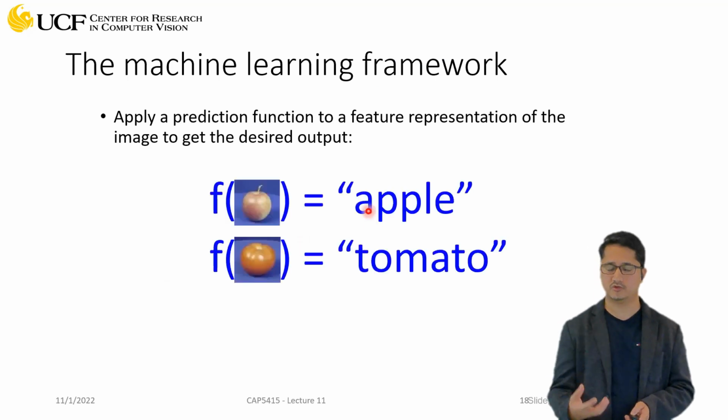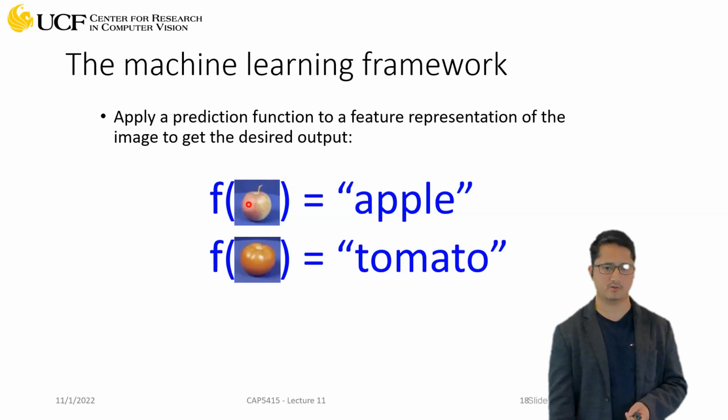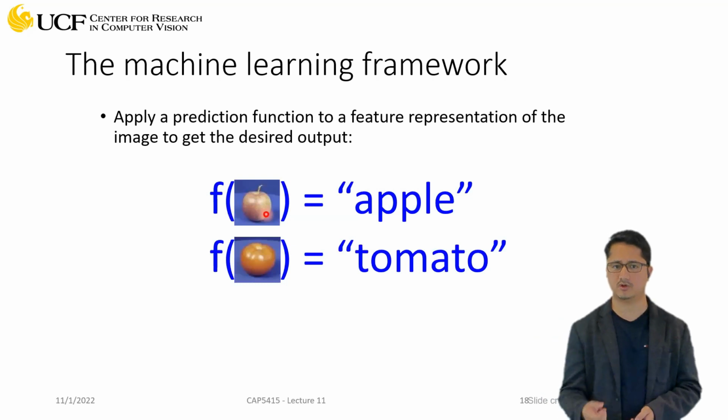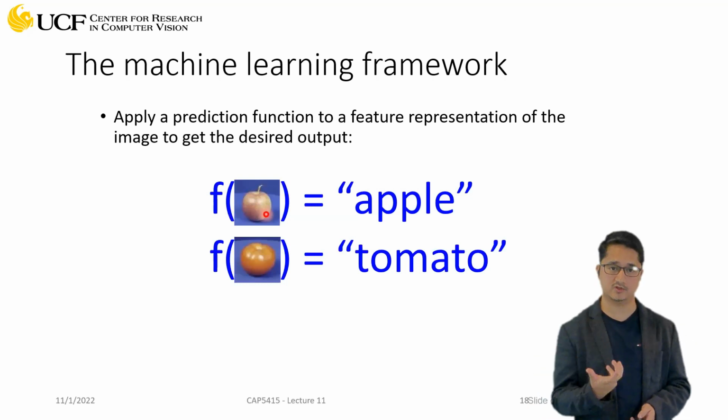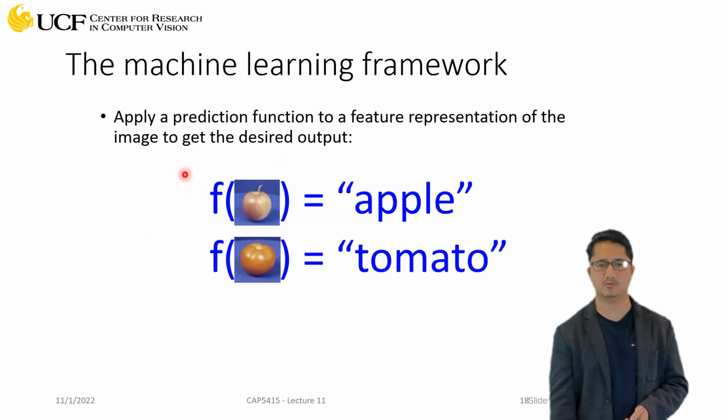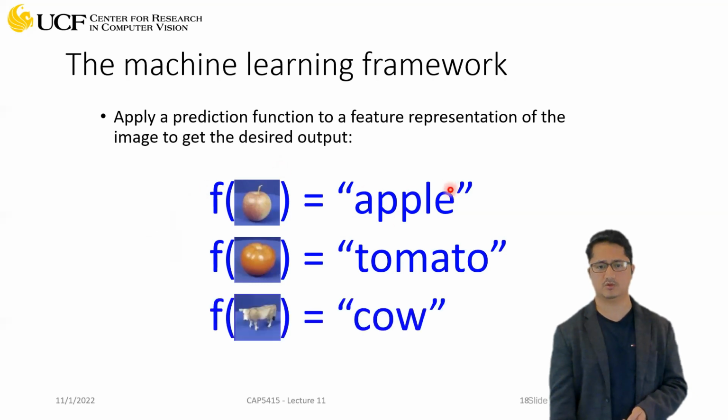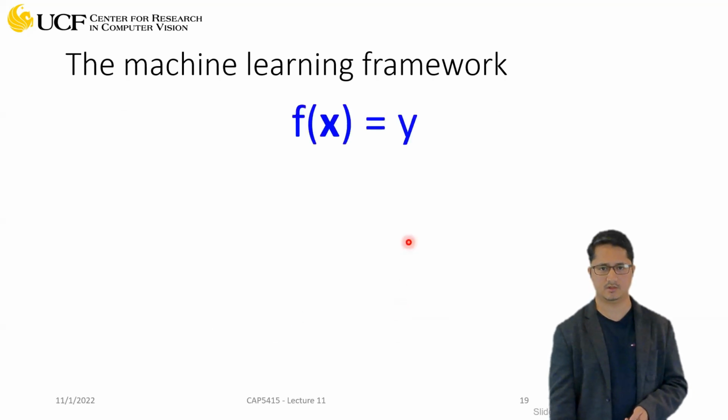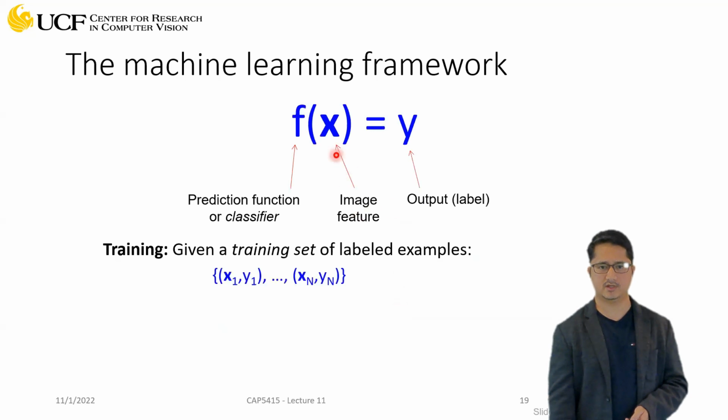Okay, so whatever approach you take, the general framework is always a function where the input is an image. Either you can just pass your image to your model, or you can extract features and pass those features to your model. And that model is going to make predictions about your images. So basically you have this function, which you can call a prediction function or a classifier.